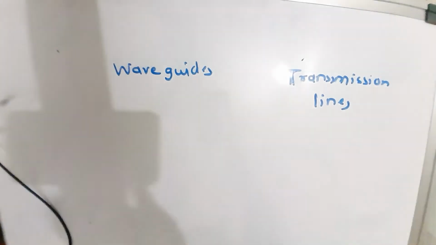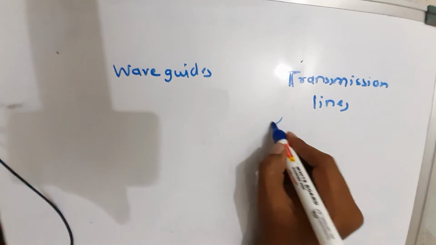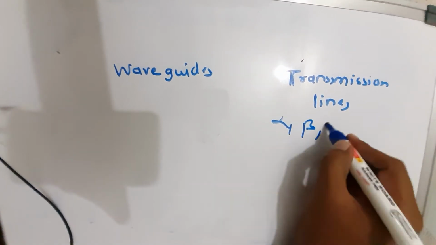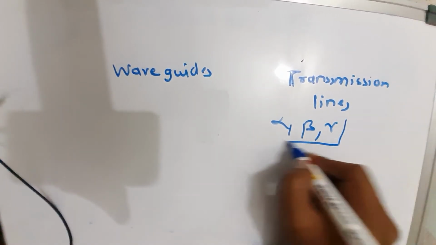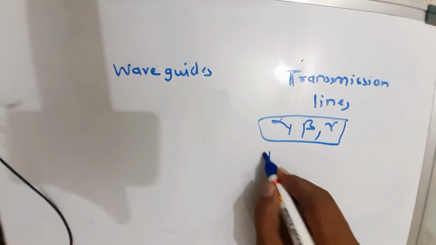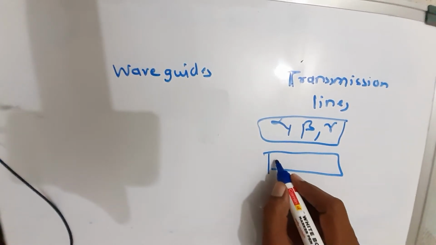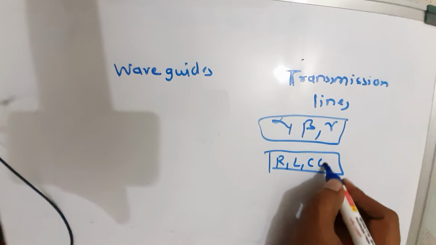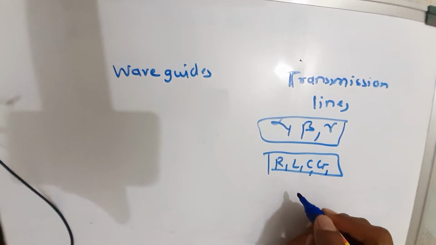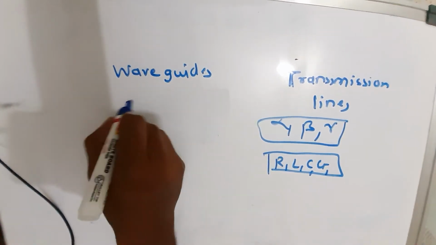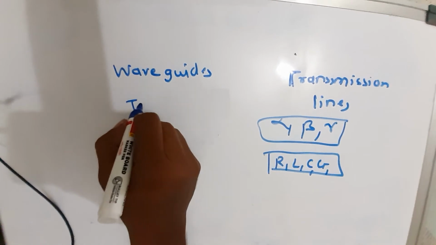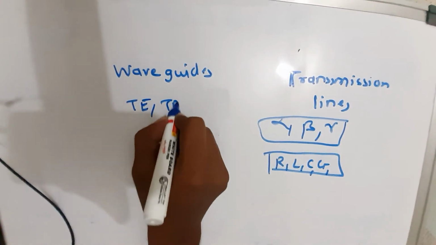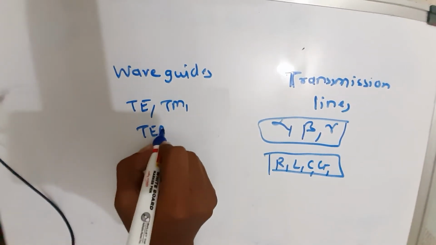In a transmission line we have alpha, beta, gamma, which are the secondary line constants, while the primary line constants are R, L, C and G. In waveguides there are different modes, like TE mode, TM mode, TEM mode.